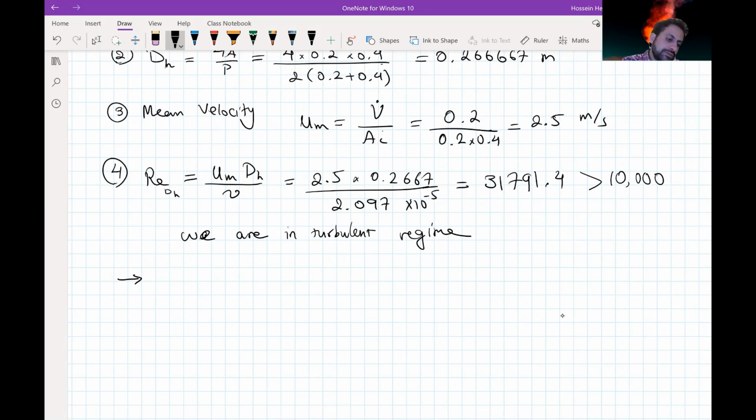Another check we can do is whether we are in the fully developed or developing region, since nothing has been given in the question. So we evaluate the entry length.